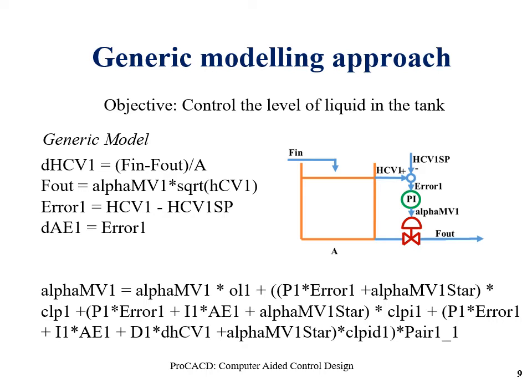Here it represents closed loop proportional integral for pair 1. Similarly, you can write it for PID also, and you can see there is one binary at the end which represents pair 1. If you have more than one pair, the equation has to be written again for the other pairs also.